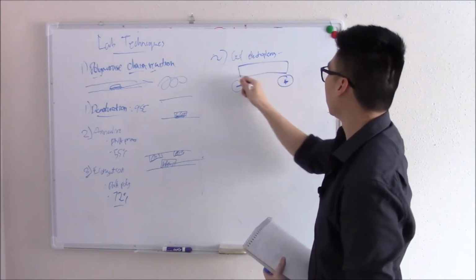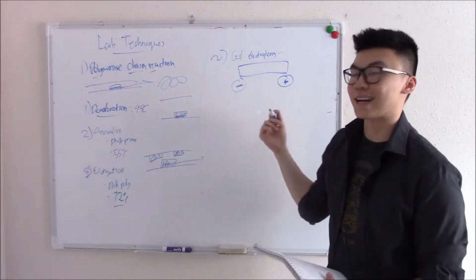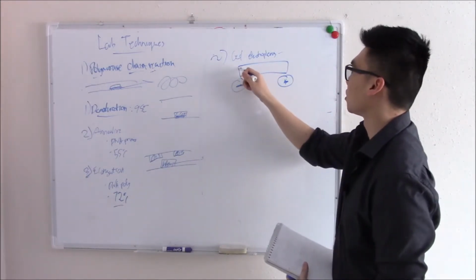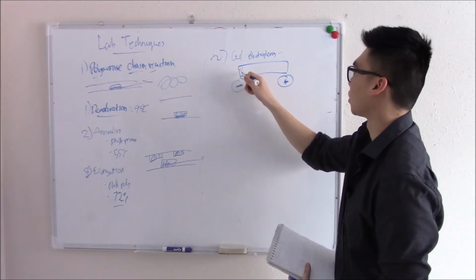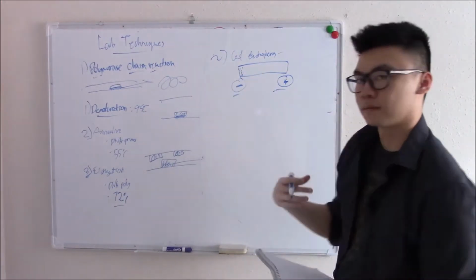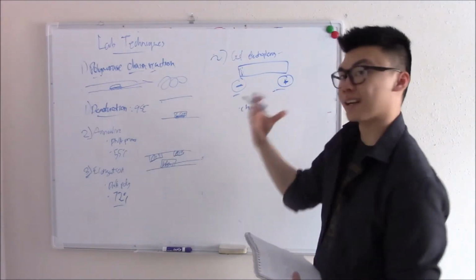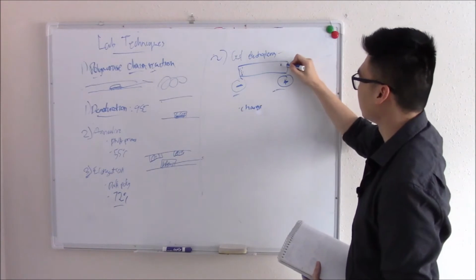You have a little gel plate, and one side is negatively charged and one side is positively charged. And you put all your different segments of your DNA, protein, RNA, etc., and you run that current. And like I said, they separate by charge. So things that are very negatively charged will want to move on this end.